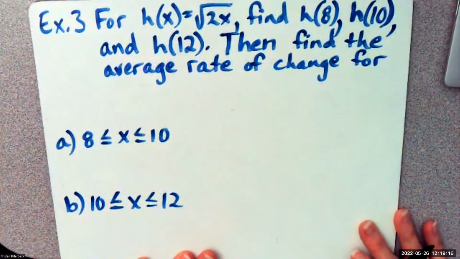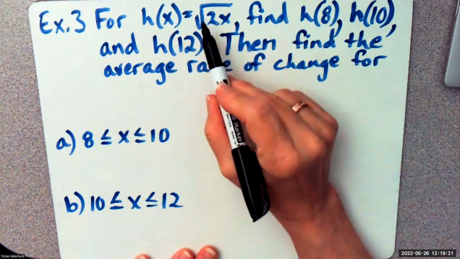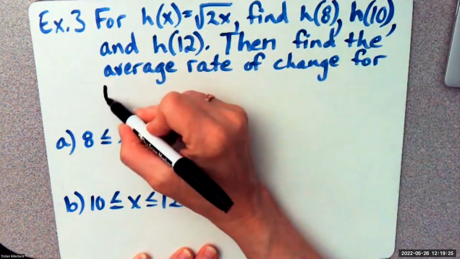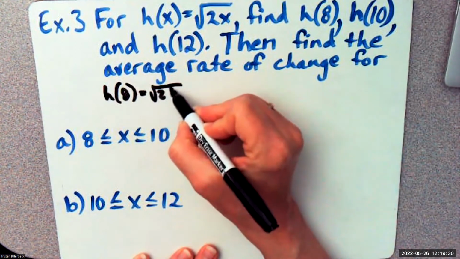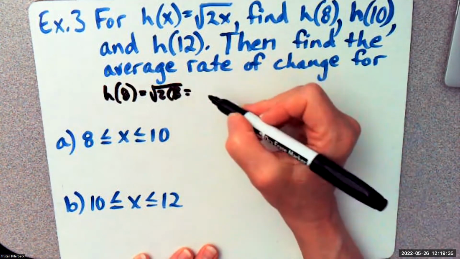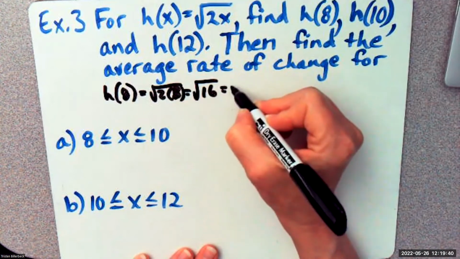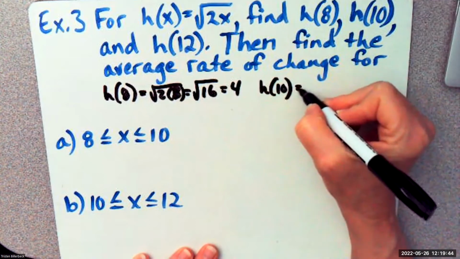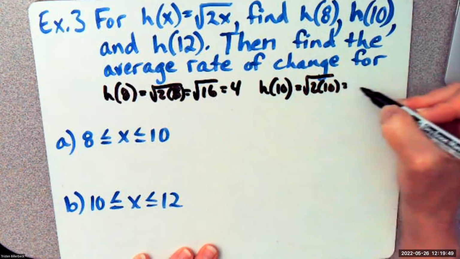All right, so let's take a look at what this might be. h of x equals the square root of 2x. We want to find h of 8. So h of 8 is the square root of 2 times 8, which is the square root of 16, which is 4. h of 10 equals the square root of 2 times 10, which isn't as easy.